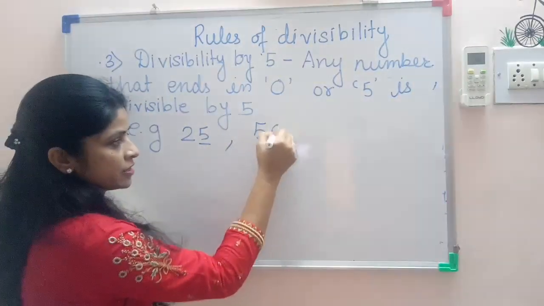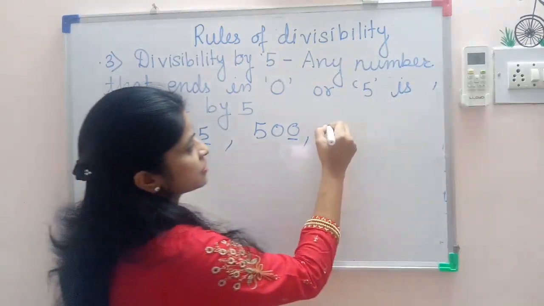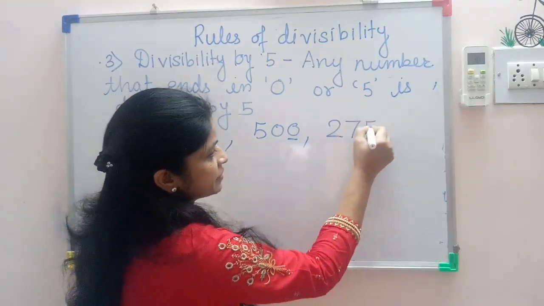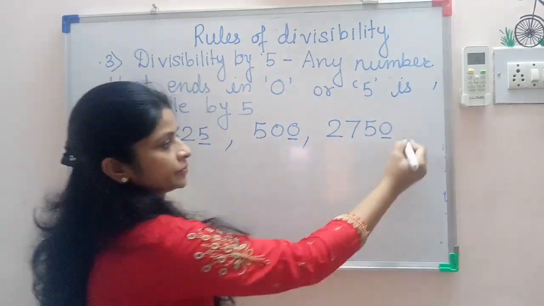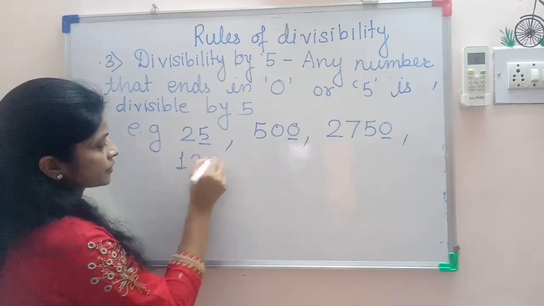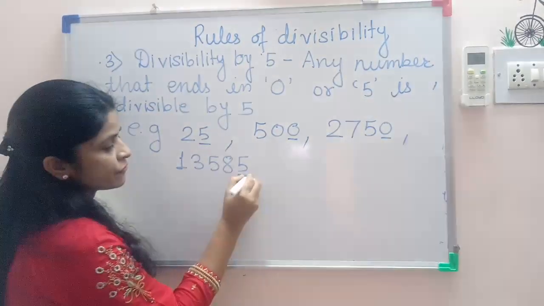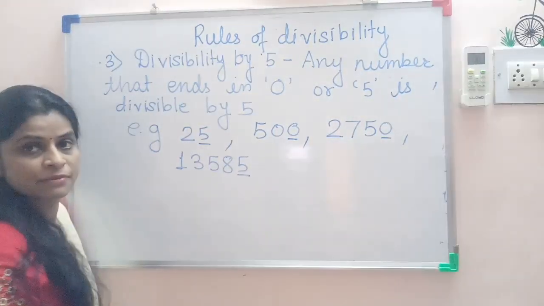Then 500. After that, 2750. You can take a 5-digit number also. This also ends in 5. So the given number is divisible by 5.